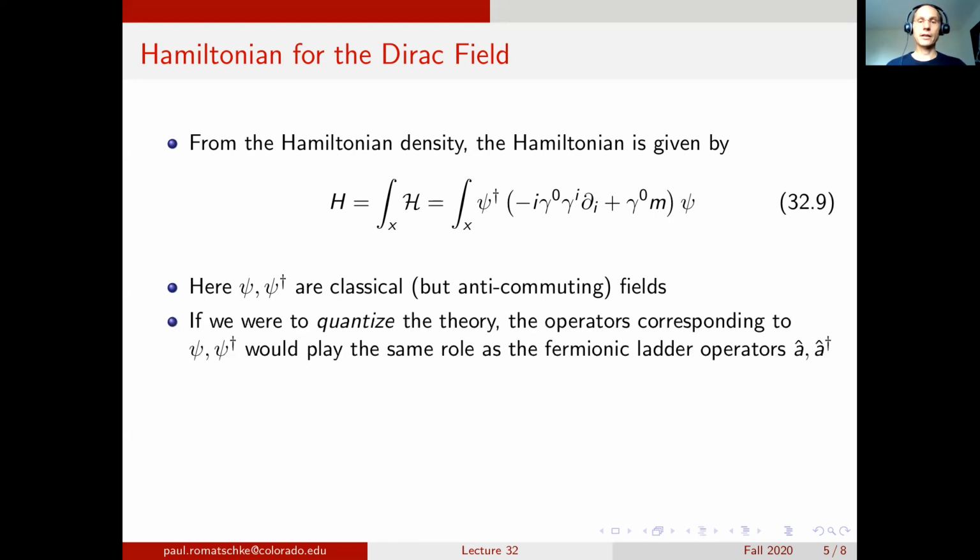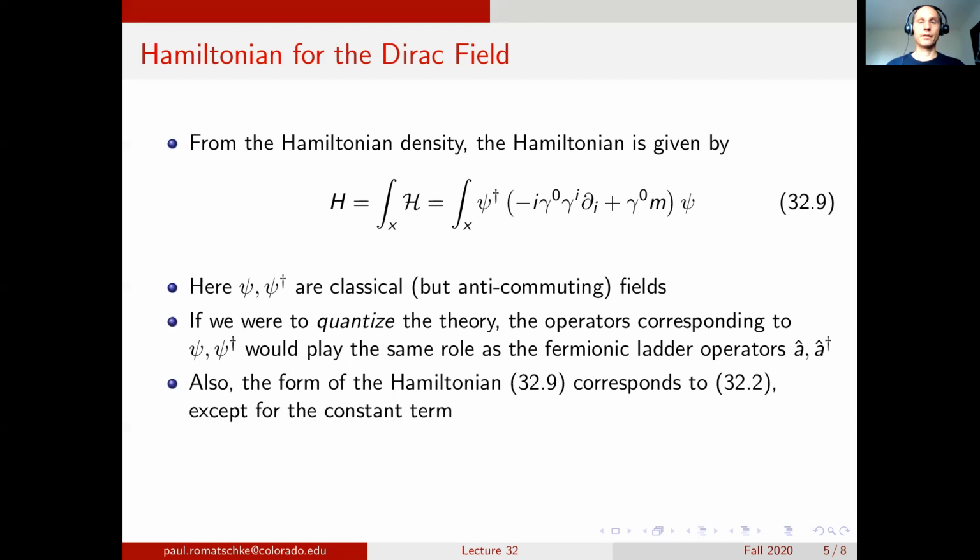If we would quantize the theory, then the fermionic fields would correspond to some operators, such as the ladder operators, that we had in our earlier example for the Hamiltonian density of fermionic quantum mechanics. Also, the form of the Hamiltonian that we have here in 32.9 is very much reminiscent of the form of the Hamiltonian given in equation 32.2, except for the constant term in this first equation here.